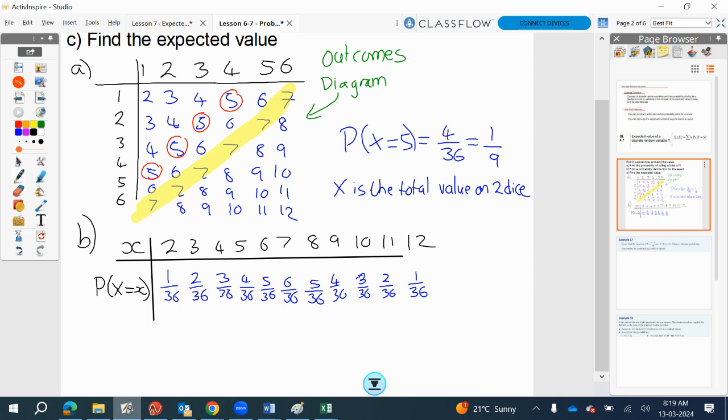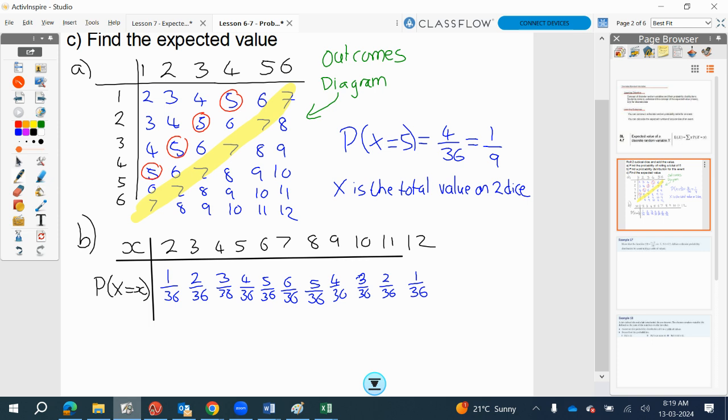When you roll 2 dice, you have to get one of these numbers. You have to get an outcome. You can't not get an outcome, and these are all the possible outcomes. If you had x equal to 1 or 13 or any other number, the probability is 0. You have to get an outcome from this.